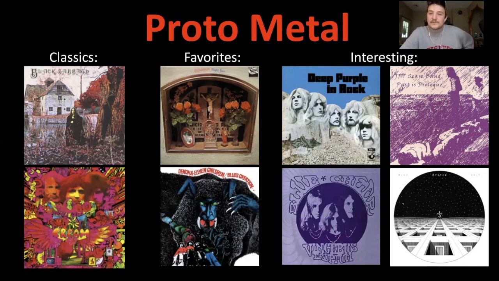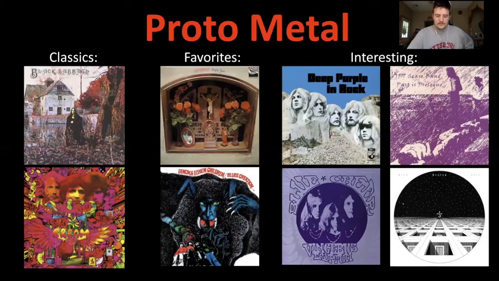There are a lot of proto metal elements incorporated into it that make it a really, really cool album. While it's not a proto metal album, it might not exist if it weren't for the sound of proto metal. I think it's really cool to hear the influence so strongly in it.